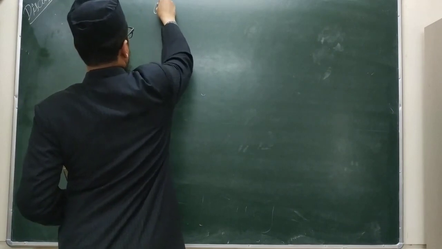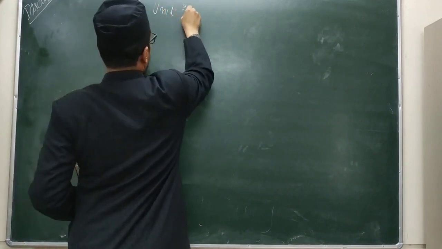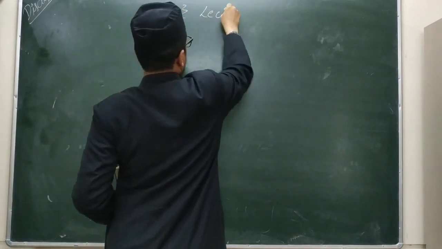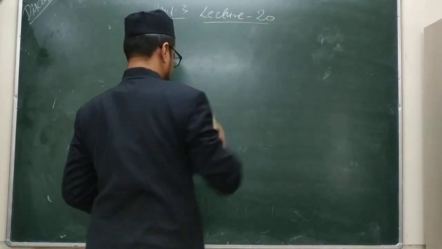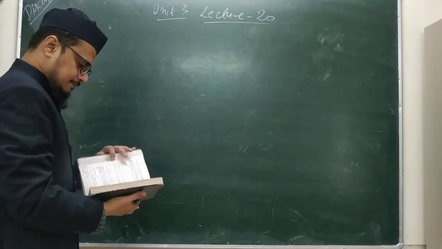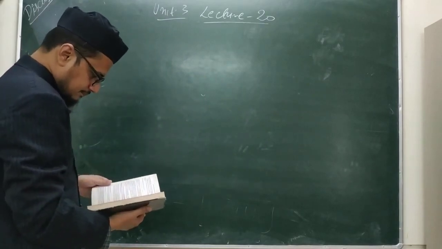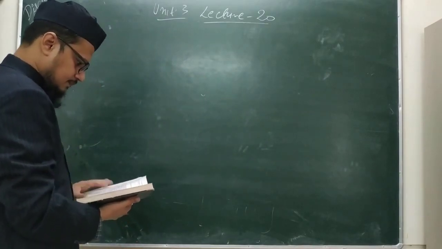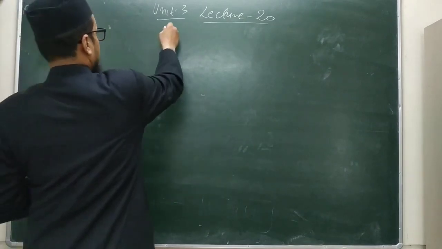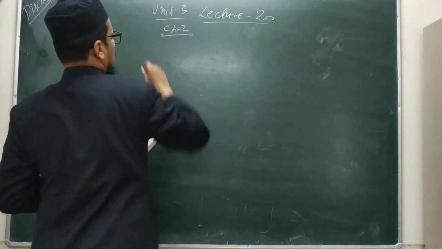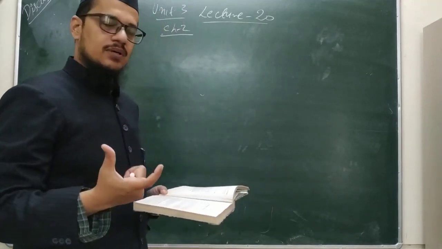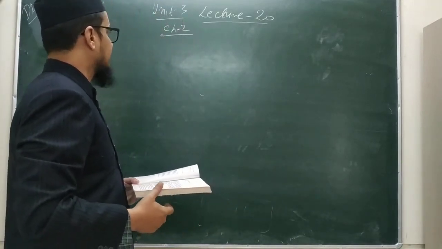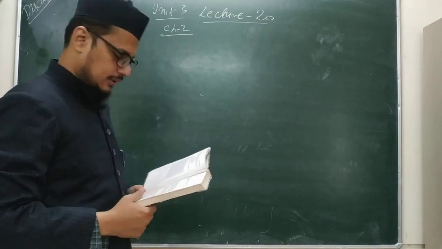So unit 3, lecture number 20. This is basically chapter number 2. Unit 1 and Unit 2 comprise the first chapter, and Unit 3 is of chapter 2, excluding one topic.